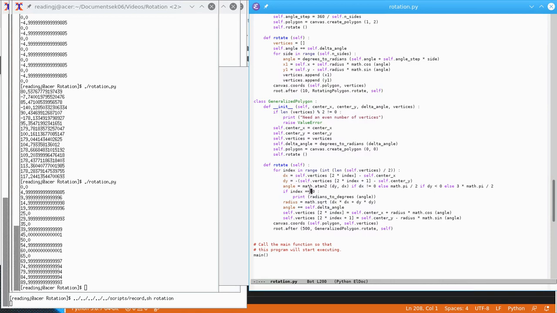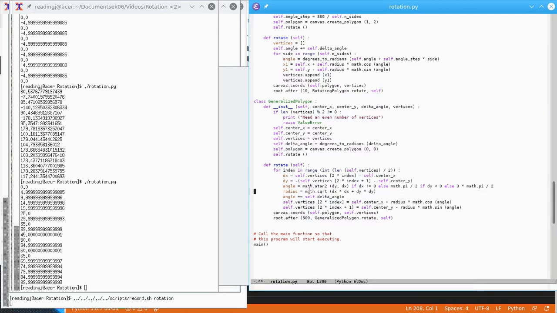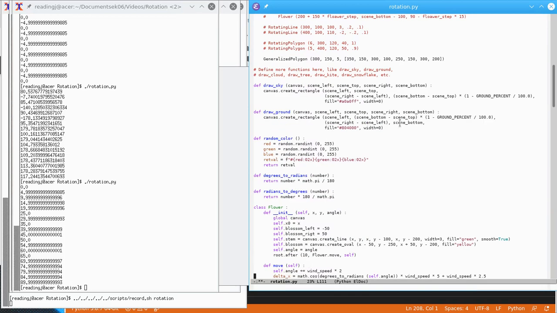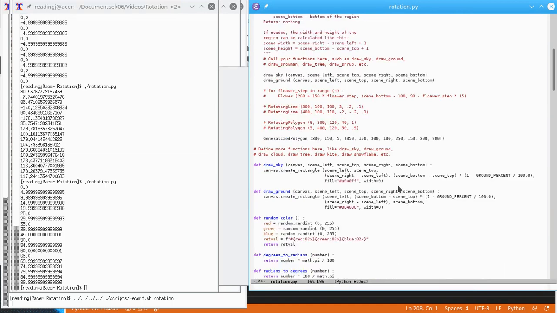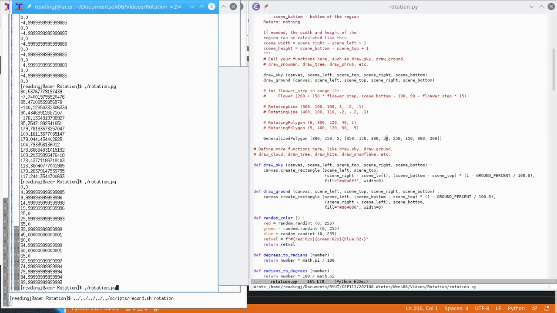So now we can get rid of this. And now we'll make that 50, and now it won't be a regular square anymore.